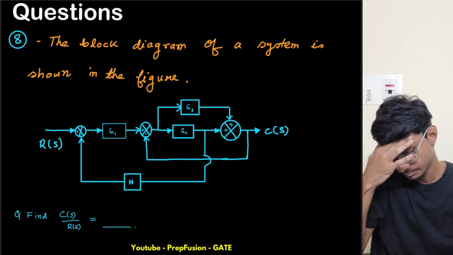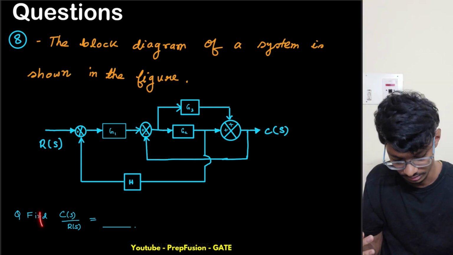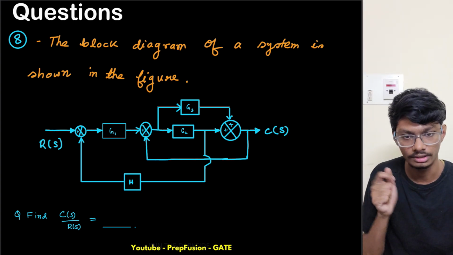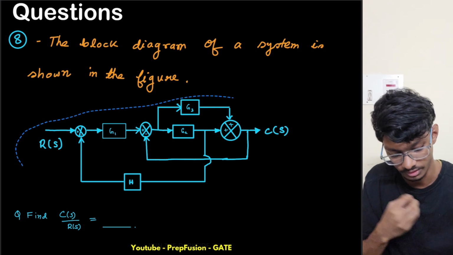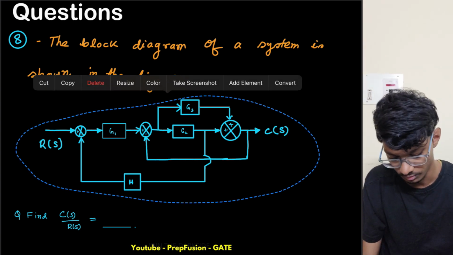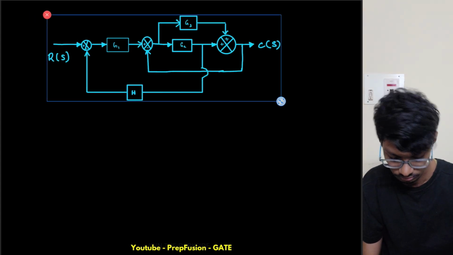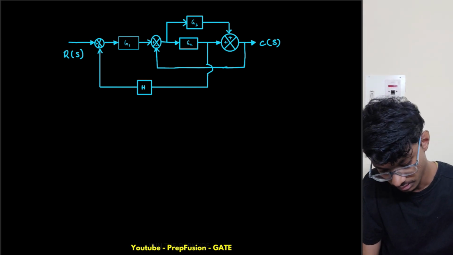This question is given as the block diagram of a system. Again we have to find the transfer function C by R. First I will name the nodes, then convert it into an SFG, then find the equivalent answer. I will do it a bit quickly here.